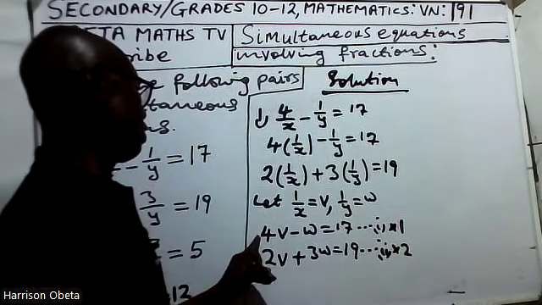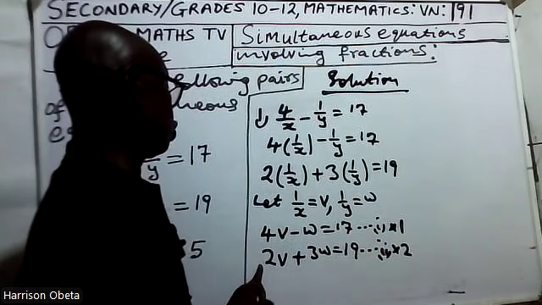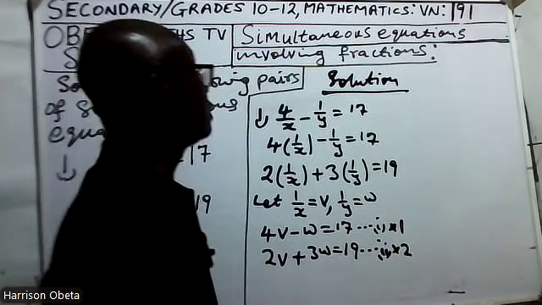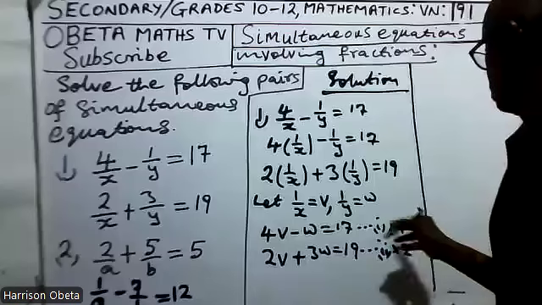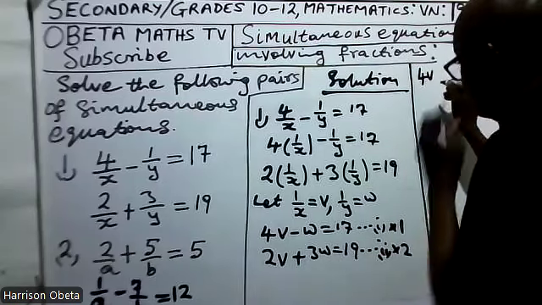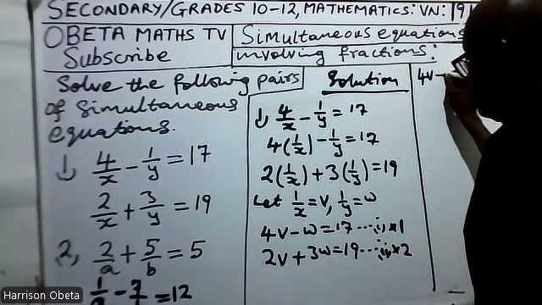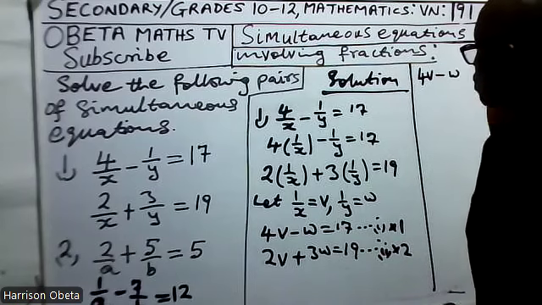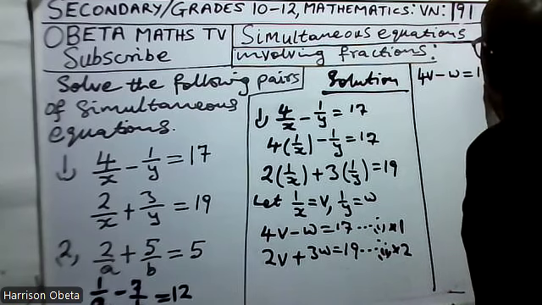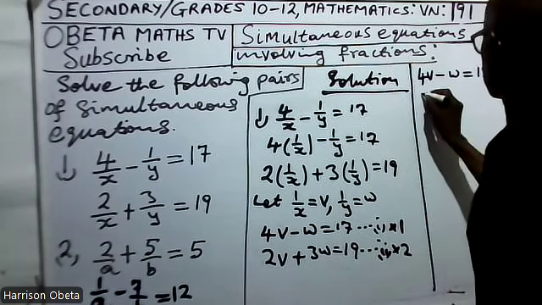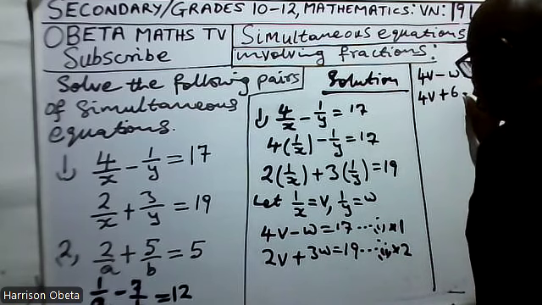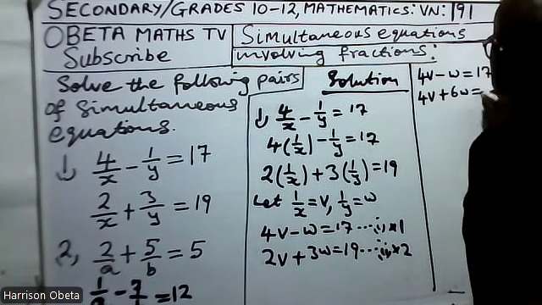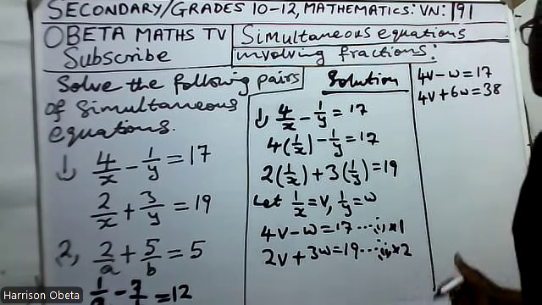That is, we multiply the whole of this by 1, and the whole of this by 2, so that we have 4v minus w is equal to 17, and then 4v plus 6w equal to 38. I have multiplied the whole of this by 2.